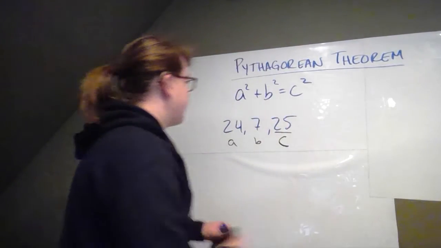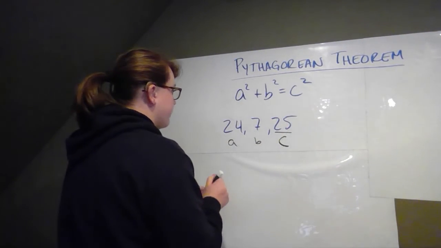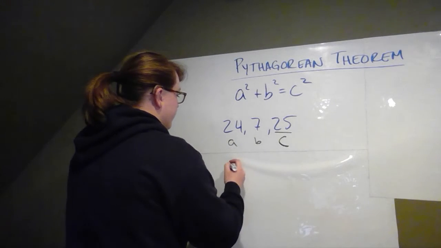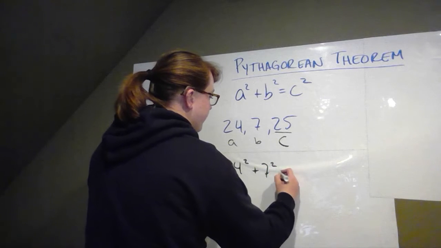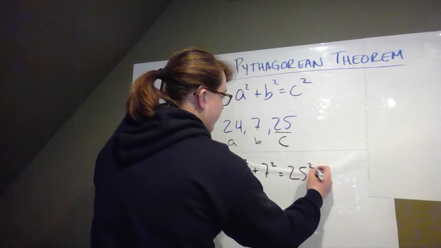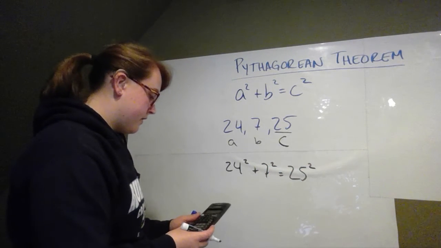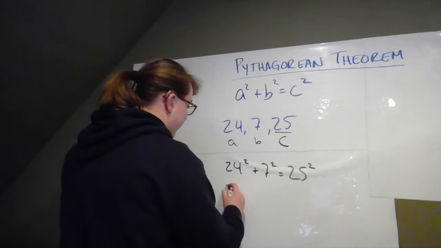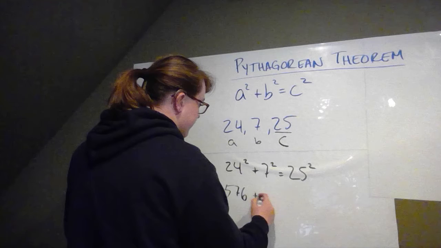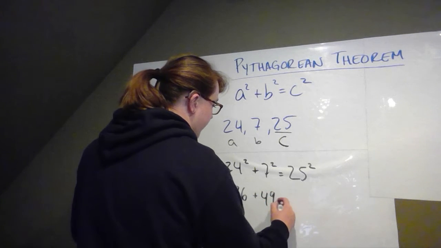And then we're going to plug them into A squared plus B squared equals C squared. So 24 squared plus 7 squared equals 25 squared. 24 squared is 576. 7 squared is 49.